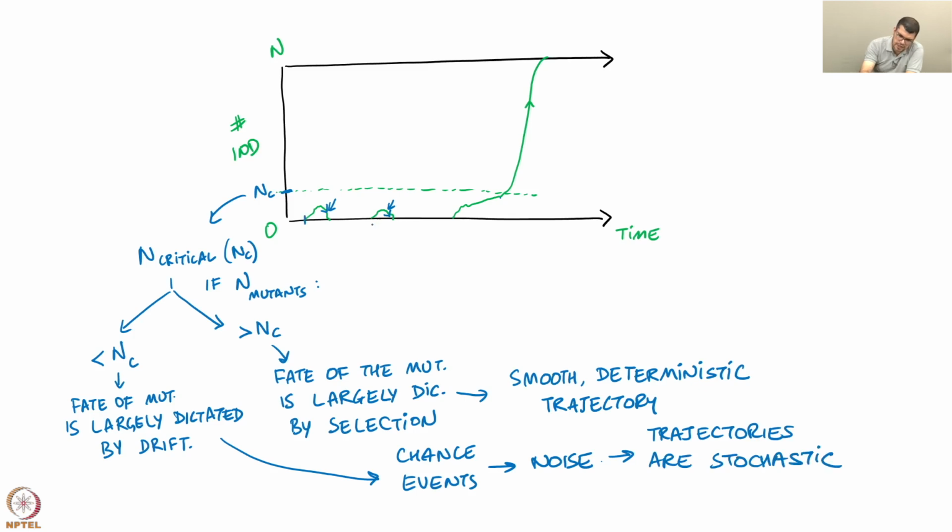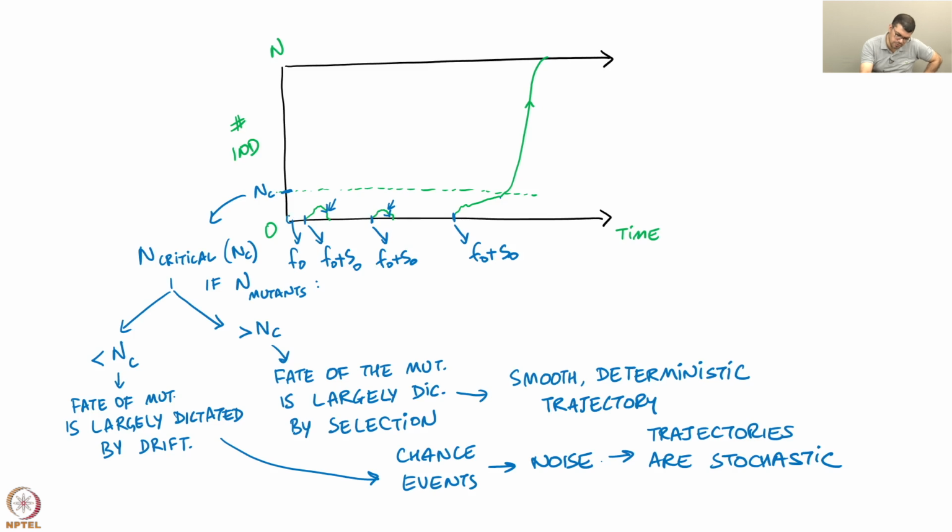In this diagram we have pictures of 3 beneficial mutations occurring. Let us imagine that the ancestral genotype that we started with had fitness F naught, and this beneficial mutation conferred fitness F naught plus S naught. This one also conferred the same benefit, and this one also conferred the exact same benefit. However, we see that the fate of all 3 is a unique trajectory.